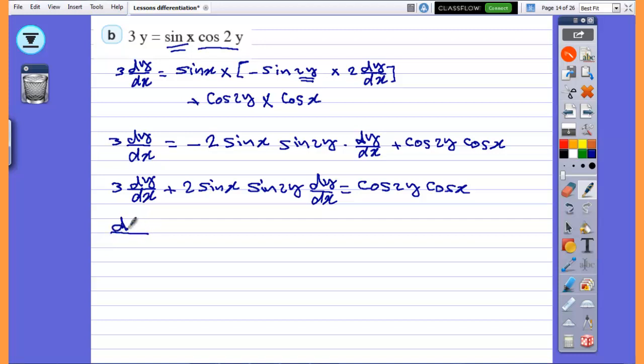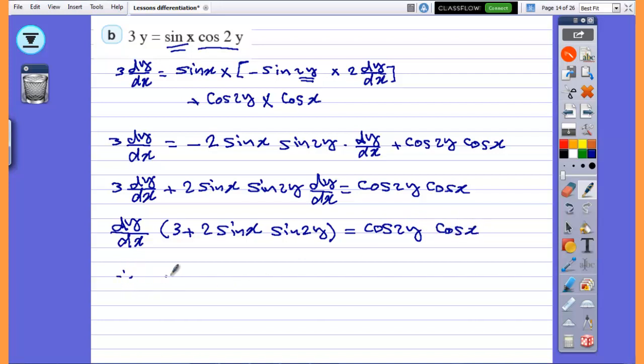And by taking dy/dx as a common factor, we will get dy/dx multiplied by (3 plus 2 sin x sin 2y), and we close the bracket, which equals cos 2y cos x.